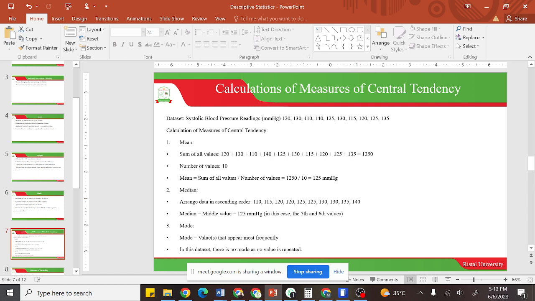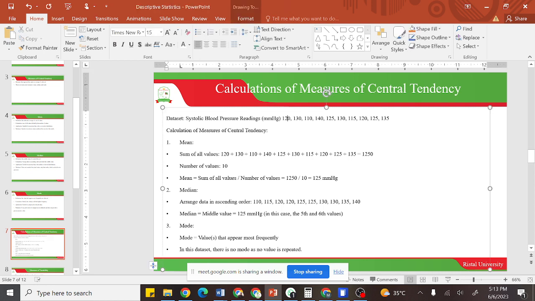I think there is one here. 125 is appearing at least 2 times. But there is also 120, which is appearing thrice. So really there is no single value, there is no value that appears more than that.